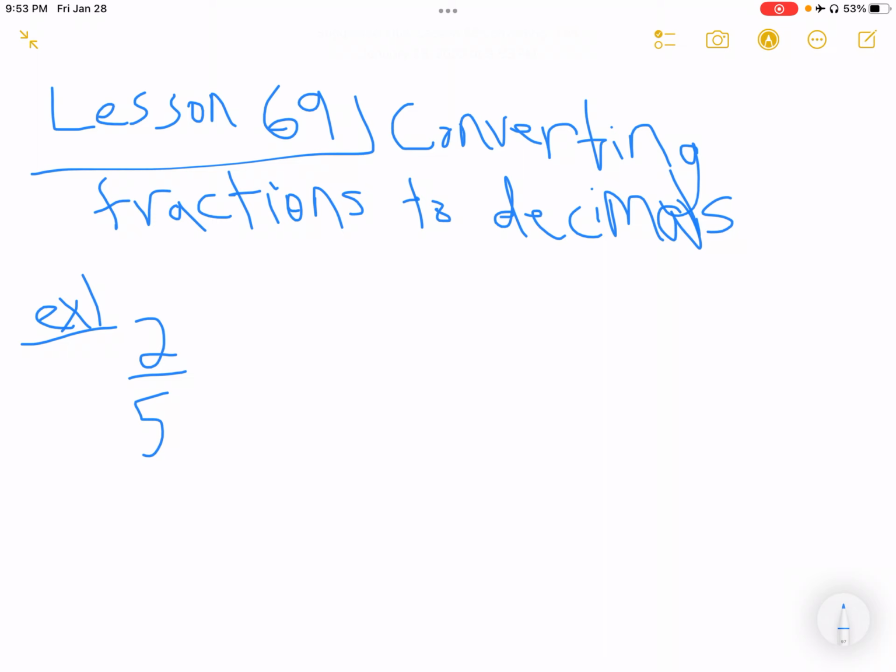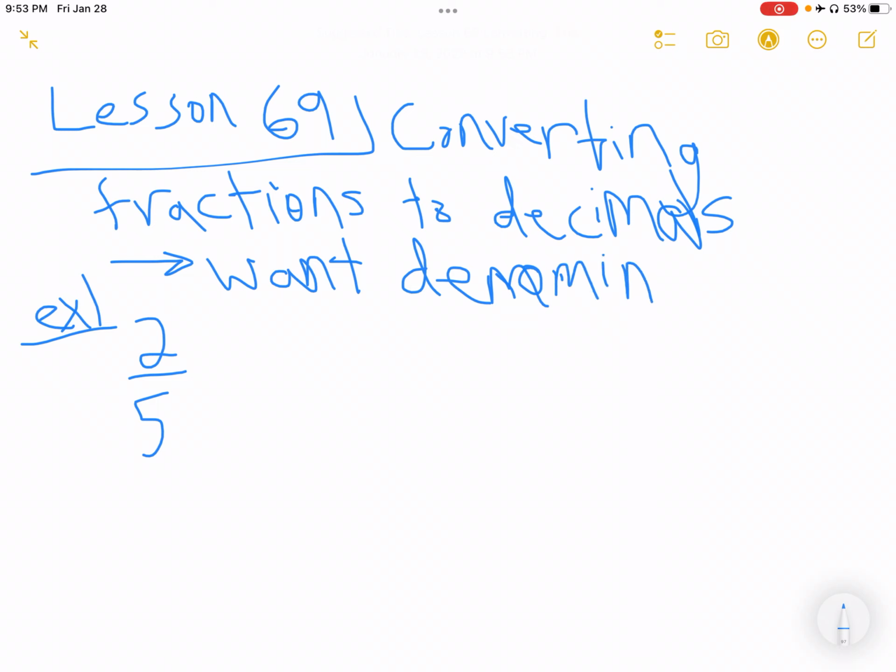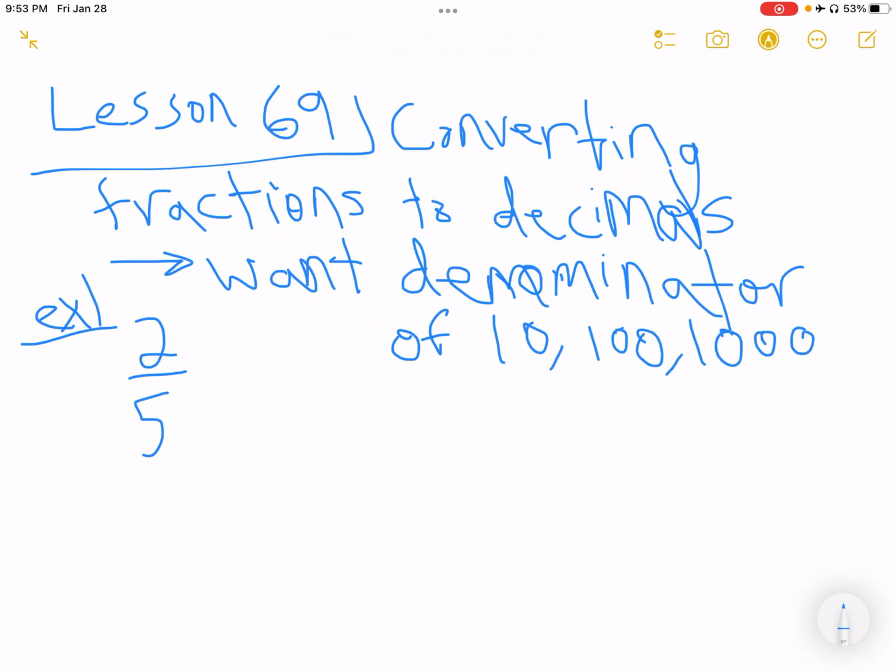Most of the time, we want our denominator to be 10, 100, 1,000, something like that.